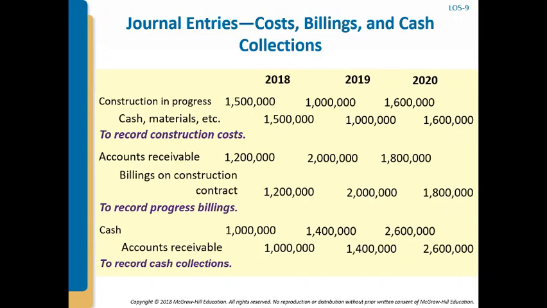So let me make sure I got that right. On page 263 it says, to understand why we use the billings on construction contract account, consider the key difference between accounting for long-term contracts and accounting for a more normal sale of inventory to a customer.